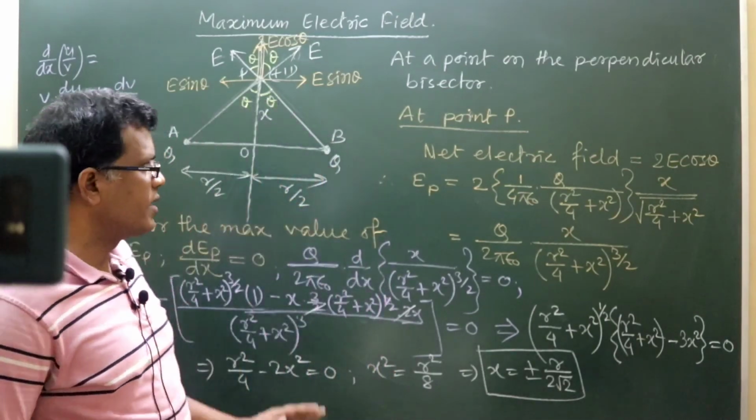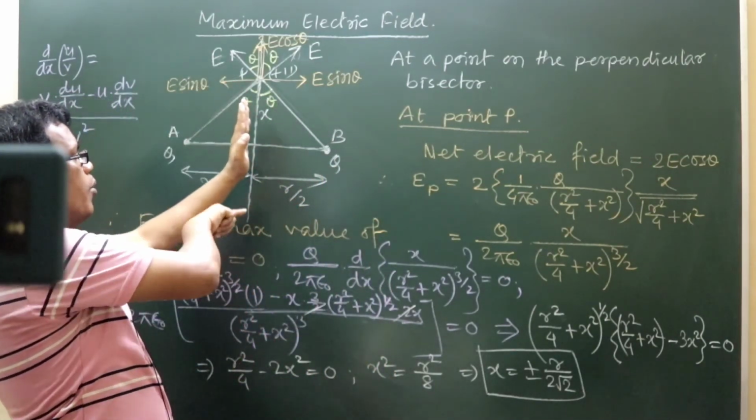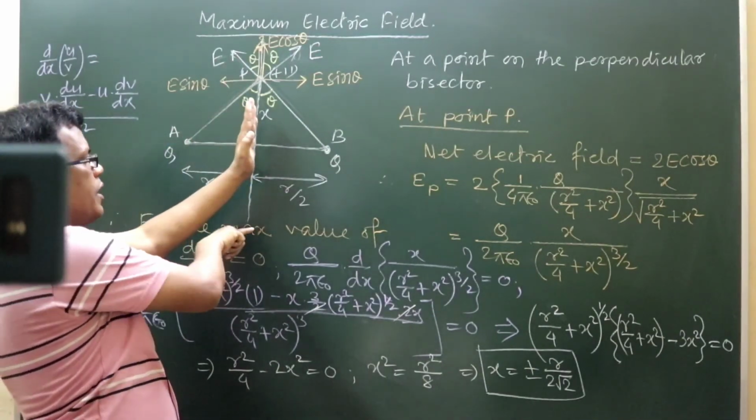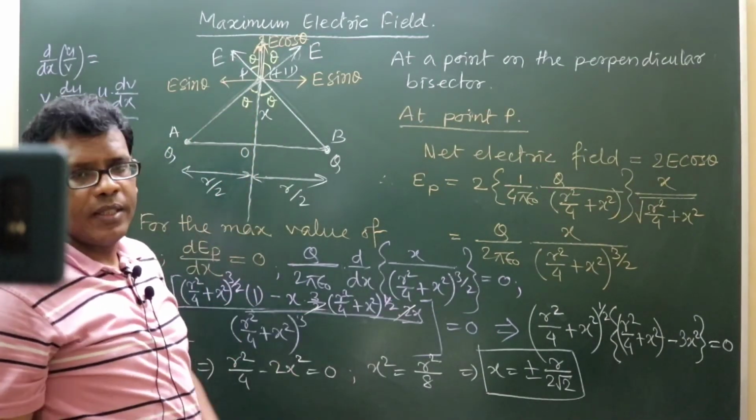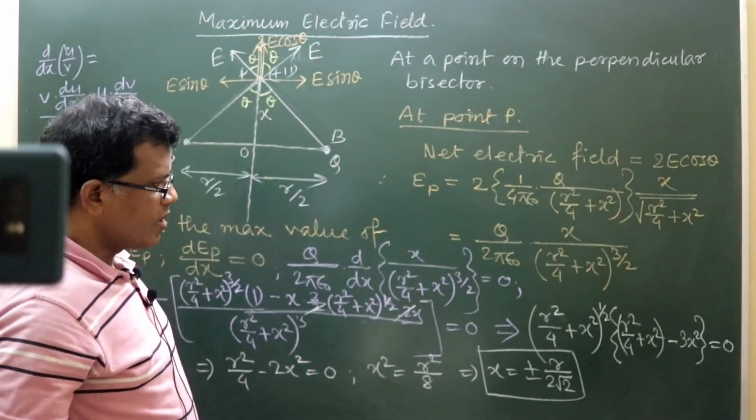So if you divide this line with a plane, there can be infinite positions all at the same distance from this point O. So obviously that locus will be a circular locus.